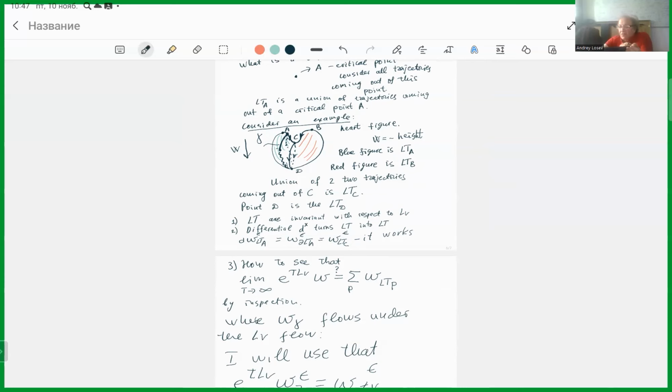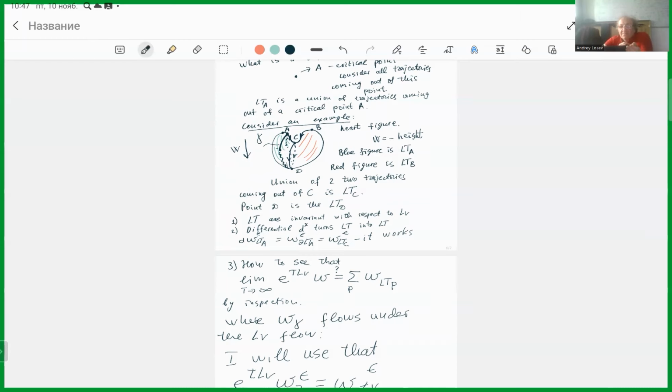Maybe you are right. I need to think. But I think that the direction is correct. The direction that I show is correct, that when you flow such differential form, it flows in the proper direction.